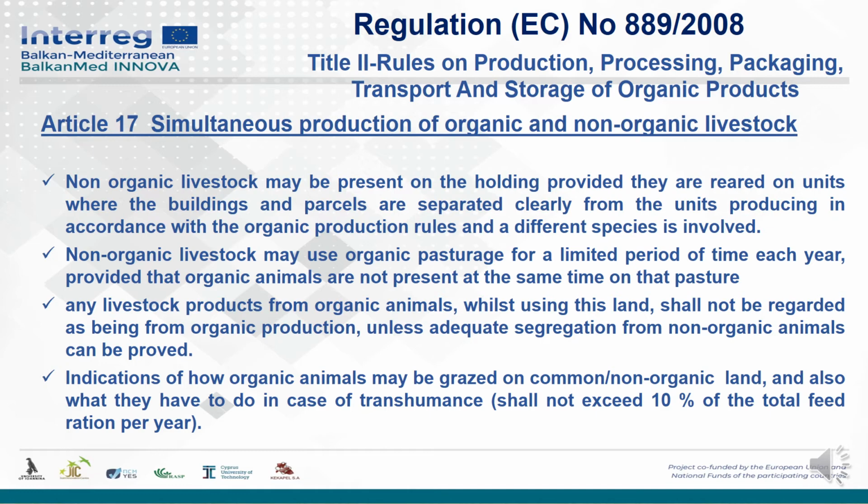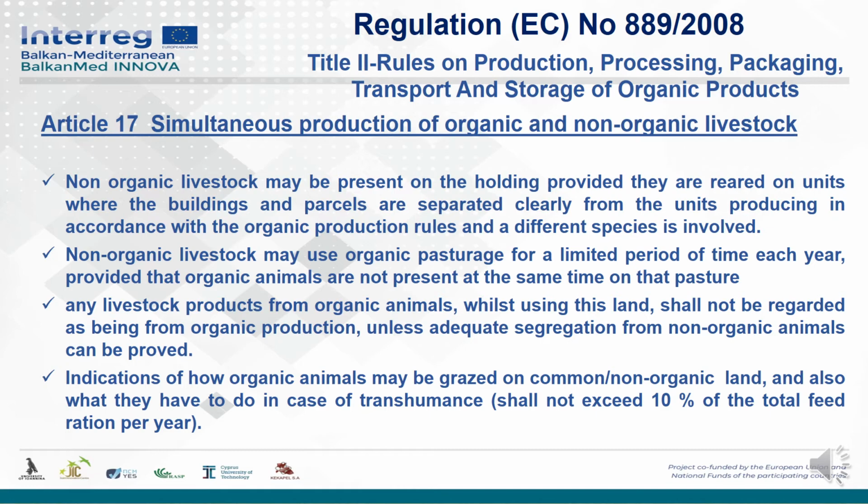So, for example, if the non-organic animals have grazed in the same area before the organic animals go there, then the production that comes from the organic animals will not be sold as organic unless adequate segregation from non-organic animals can be provided.